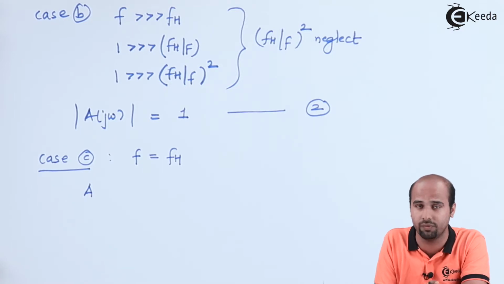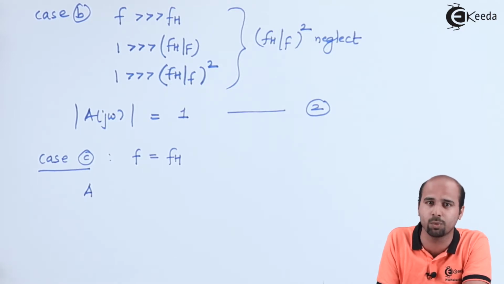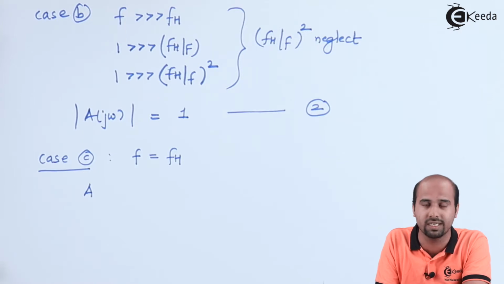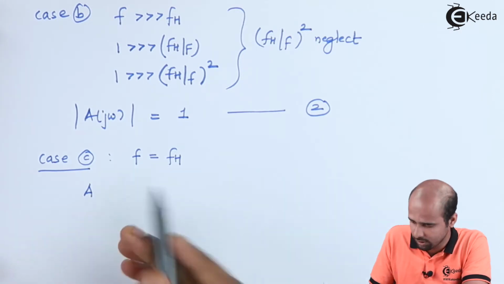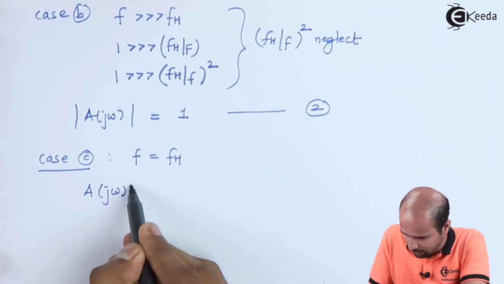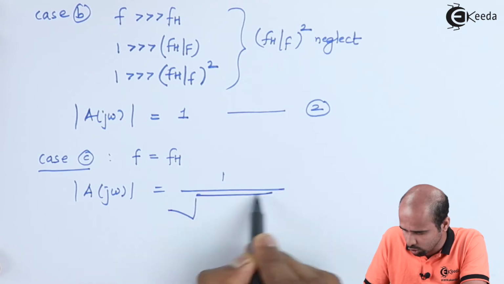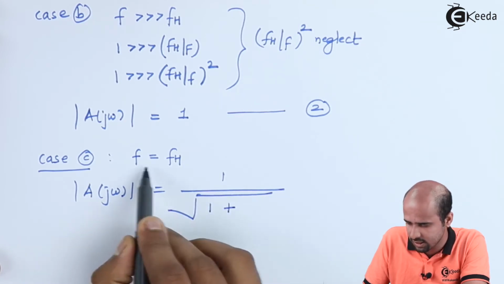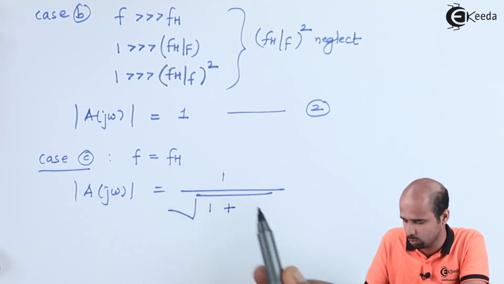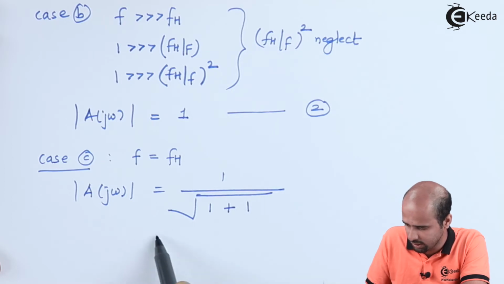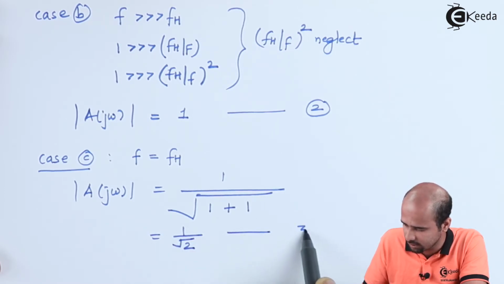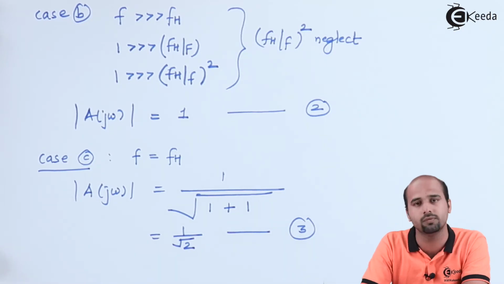If f is equal to fh, then fh upon f is equal to 1, exactly equal to the other term, that is 1 in the denominator. A of j omega now will become 1 upon square root of 1 plus fh upon f, which is 1, so 1 squared is 1. We will be getting 1 upon root 2, and this is nothing but your third value.